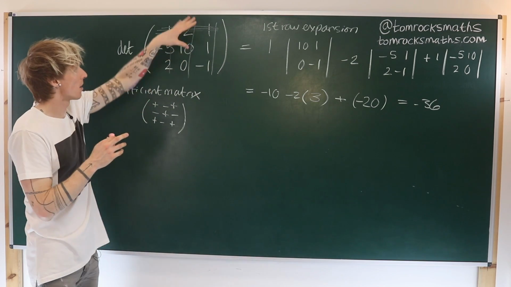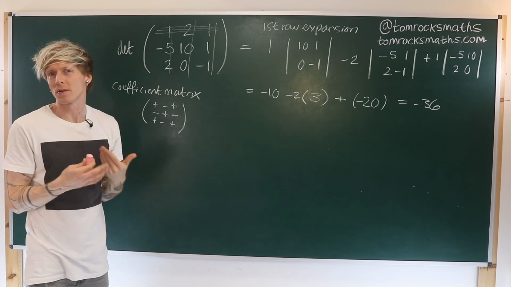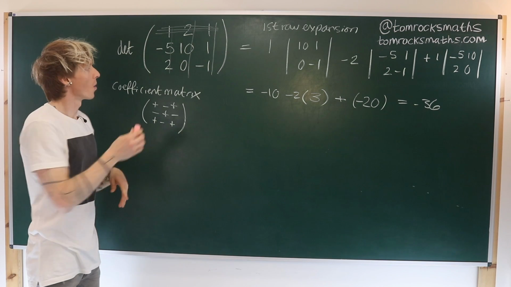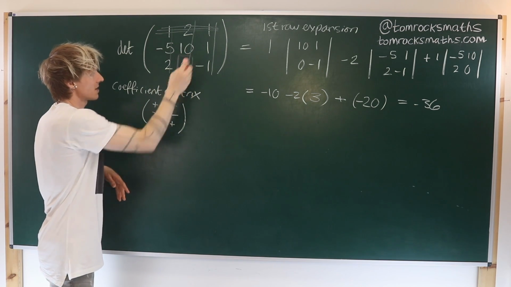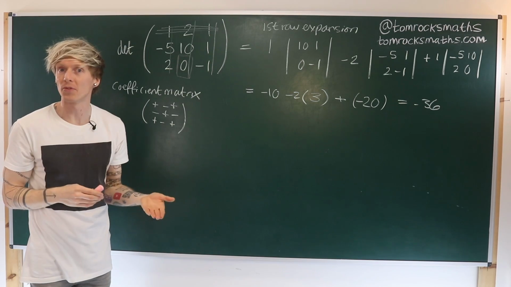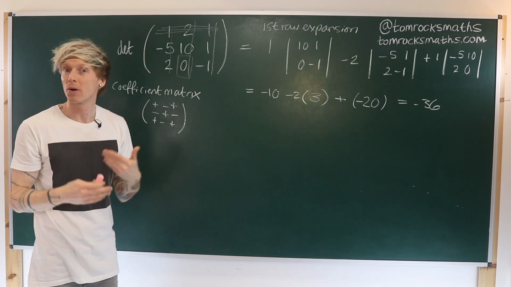So looking at our original matrix, where do you think we might want to expand? We have a 0 entry here. Now a 0 entry is going to be really helpful if we have that in our row or in our column.